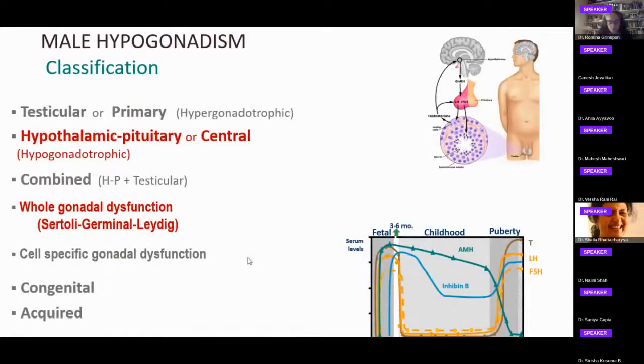Another cause of puberty delay can be a hypothalamic-pituitary or central hypogonadism. In most of these cases, it involves all the Sertoli cell population, but there are some exceptions, for example, if you have a mutation in the beta subunit of LH.